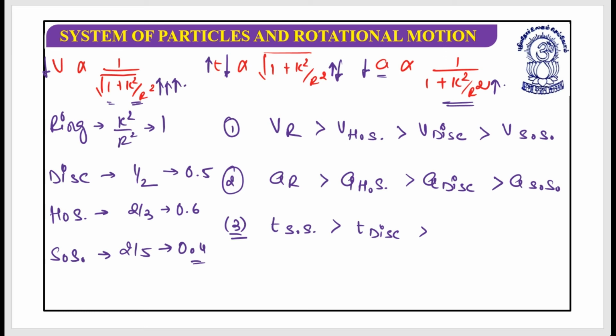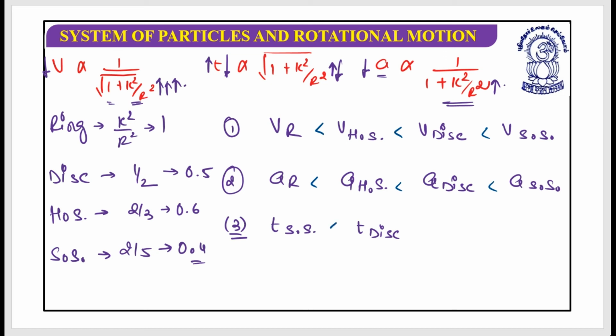Yes, I have made a mistake. When I say least, it is less than this. Velocity of the solid sphere is at the maximum. Yes, now it is correct.